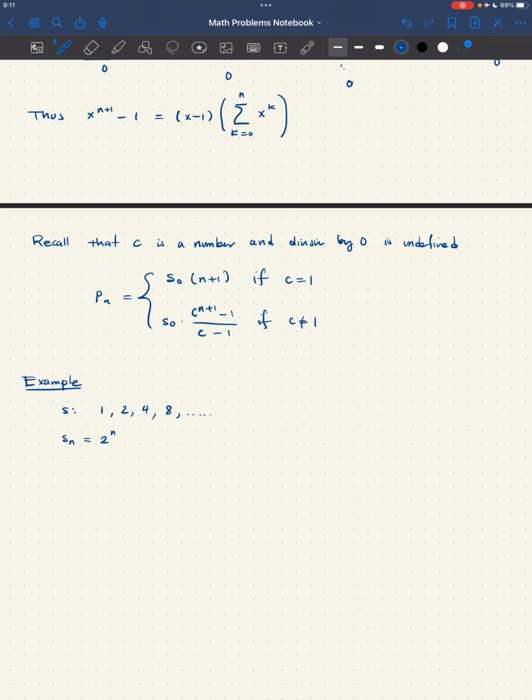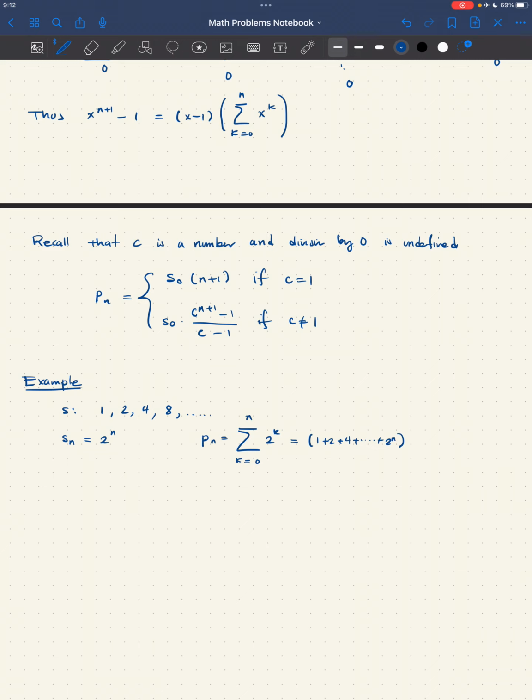Let's say that I want to know what the partial sums are. The partial sum is going to be given, in its full format, by the sum with k equal to 0 up to n of 2 to the power of k. Of course, remember, this is just representing 1 plus 2 plus 4 plus and so on, plus 2 to the n.